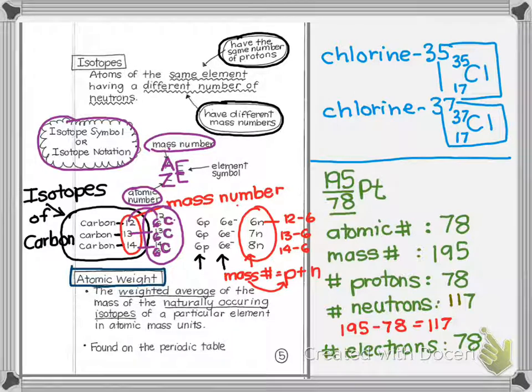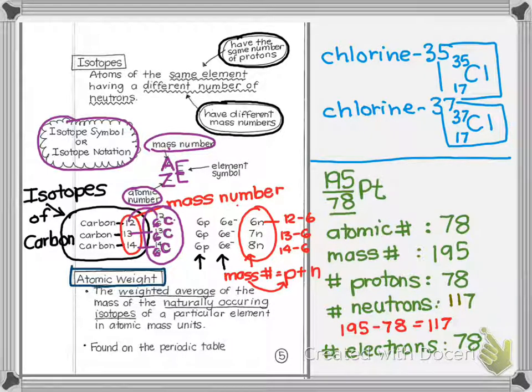But here's the thing, like in this example here, there's a chlorine 35, which would weigh about 35 AMU, and a chlorine 37, which would weigh about 37 AMU. So when I want to go to the periodic table, what do I write? Do I write 36 because it's in between, or how do I do it? So what they did is they take what's called a weighted average of all the naturally occurring isotopes.